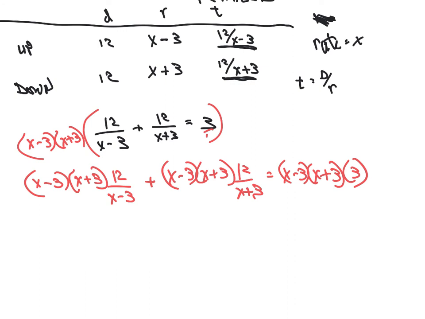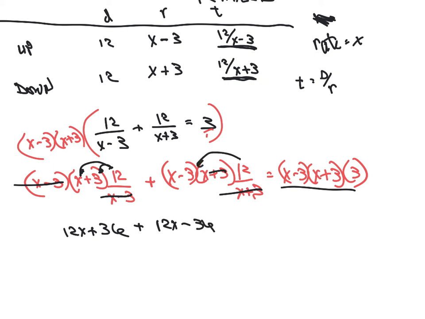Okay, so use black here, that and that, that and that, and nothing crosses out there. So we have 12x plus 36 when we distribute the 12 there. We have 12x minus 36 when we distribute across there.